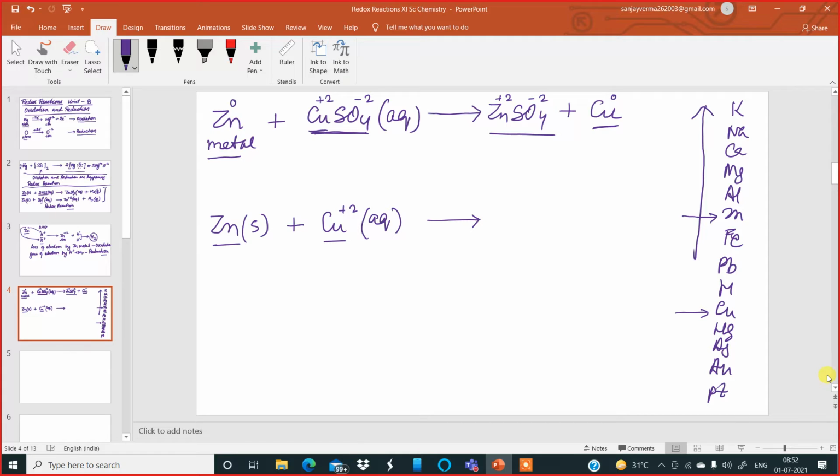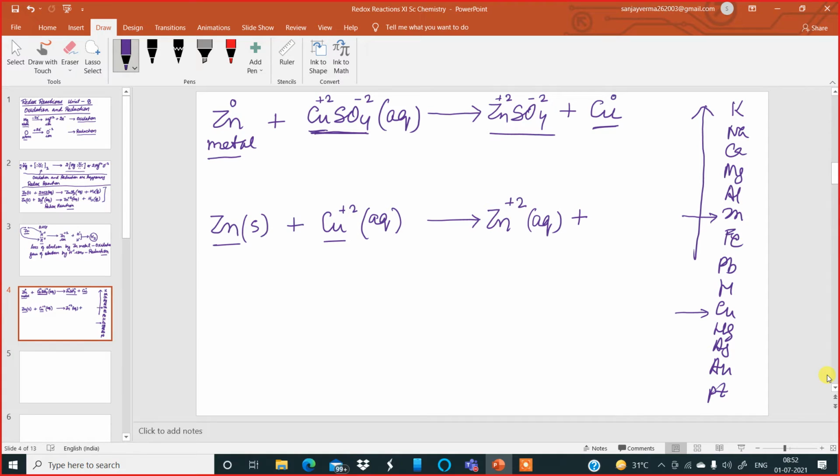After losing electrons, the metals become cations. That is how this zinc metal becomes Zn plus 2 in aqueous solution. I am not writing the SO4 minus 2 part; it is there, combined with Zn plus 2.